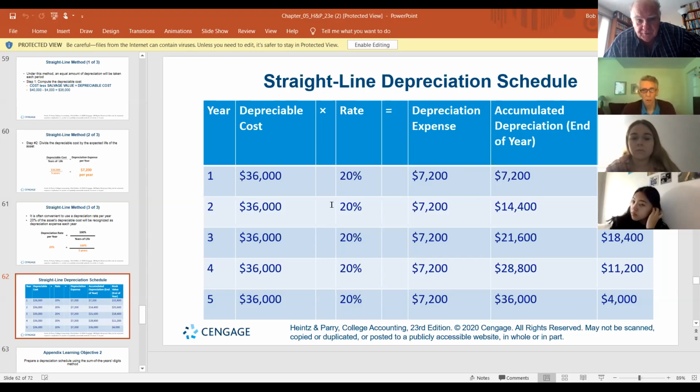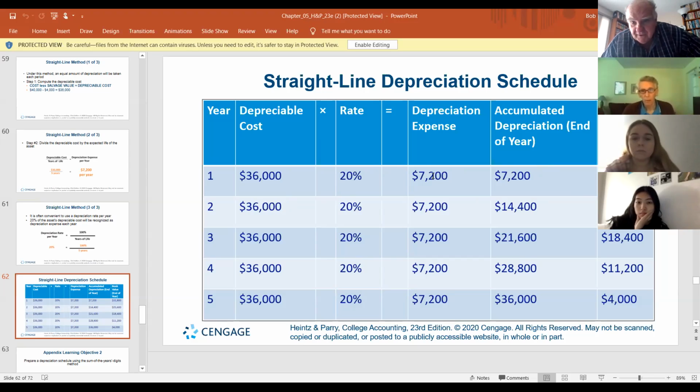So 40,000 minus 7,200 gives us a net book value of 32,800. Then the next year we depreciated 7,200, so this goes down to 25,600. Next year, etc. After 5 years, notice that the net book value equals the salvage value. We can never depreciate below the salvage value. Never.